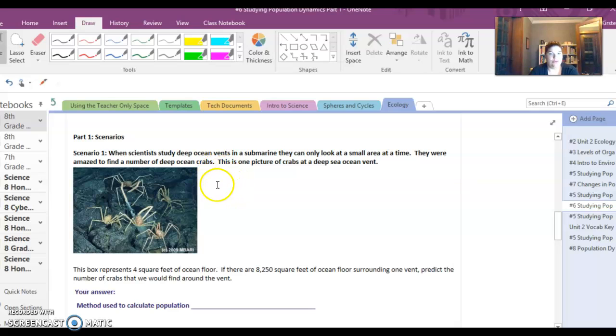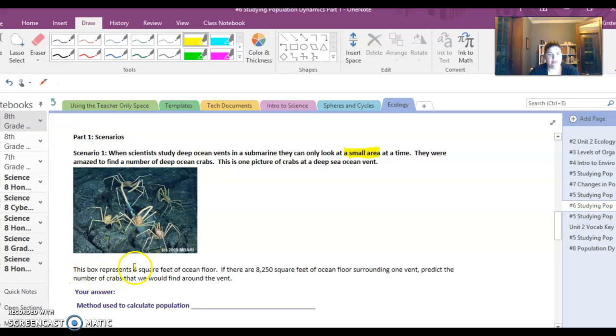It tells you that when scientists are studying deep ocean vents, they look at a small area. That is the first clue that you have as to what method of population study is being used, that we're starting in a small area. And they were amazed to find a number of deep ocean crabs, this one picture of crabs, in a deep sea ocean vent in this small area.